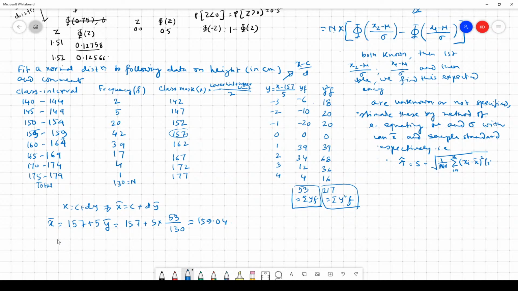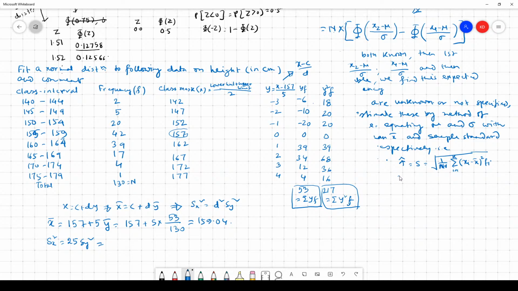Now s_x square, which is equal to 25 s_y square, because again you know this thing: if x is equal to c plus dy, then s_x square is d square s_y square.